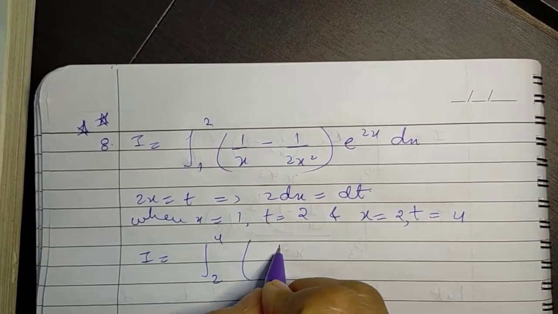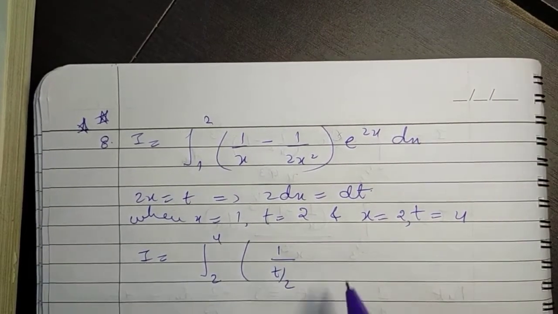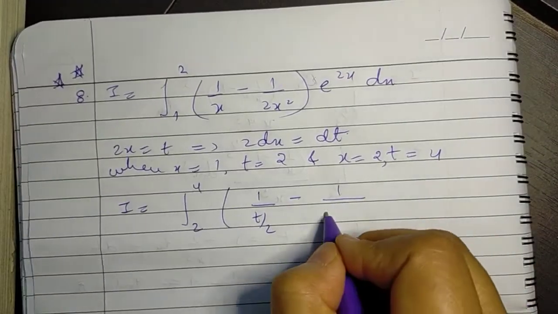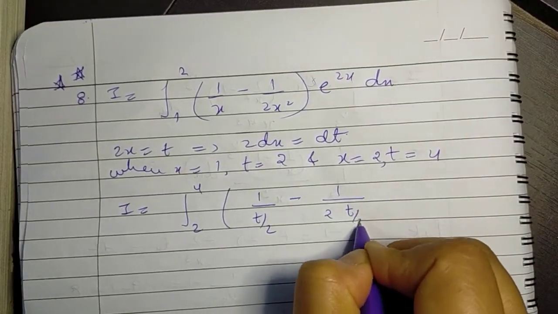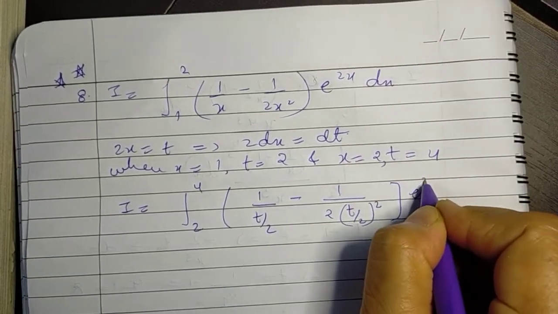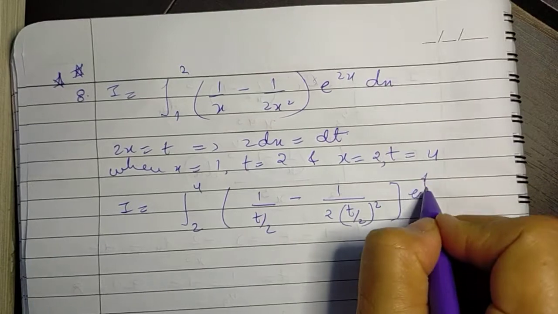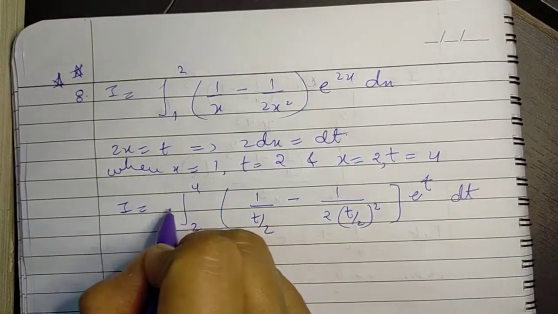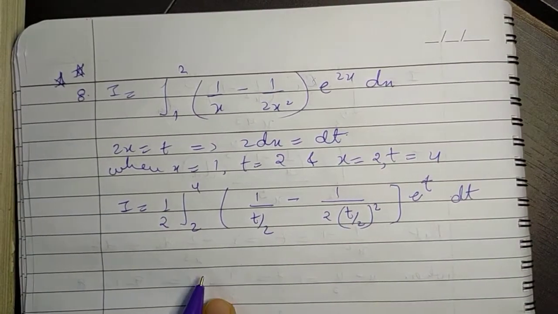In place of x, we will write 1 upon t by 2 minus, again in place of x we write t upon 2 whole squared, and this is e raised to the power of, in place of 2x we will write t, and in place of dx we will write dt by 2. So this half goes outside.